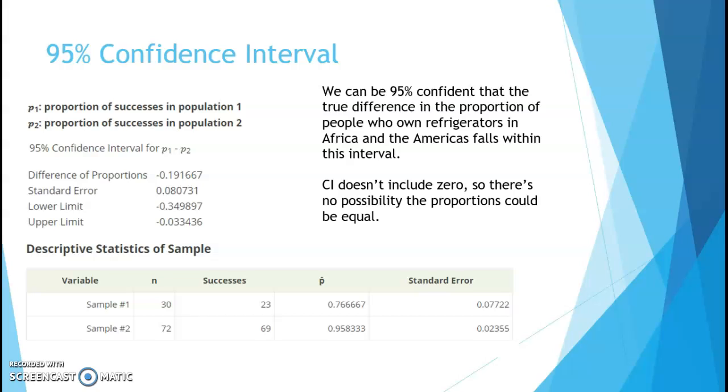I'd also like to note that the confidence interval doesn't include 0, so there's no possibility that the proportions could be equal, which confirms our hypothesis test that we reject the null hypothesis and accept the alternative hypothesis, which is that there is indeed a difference between the proportion of all people living in the Americas and Africa that own a refrigerator.